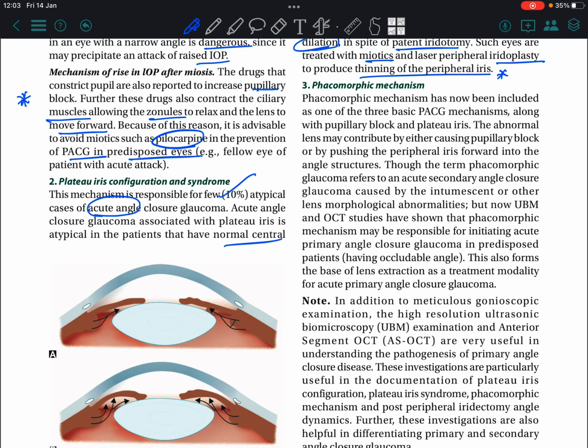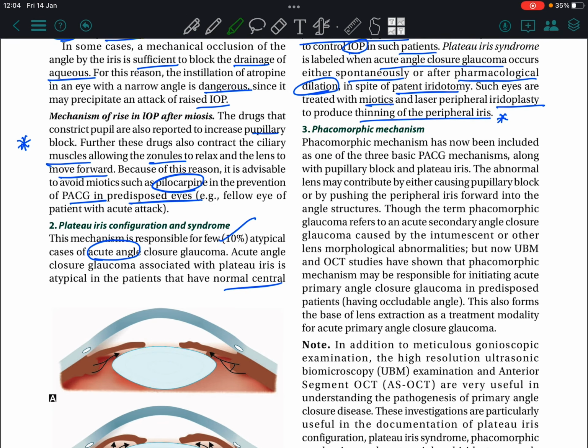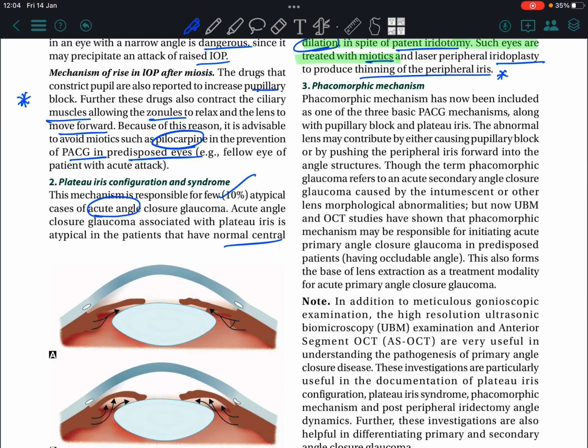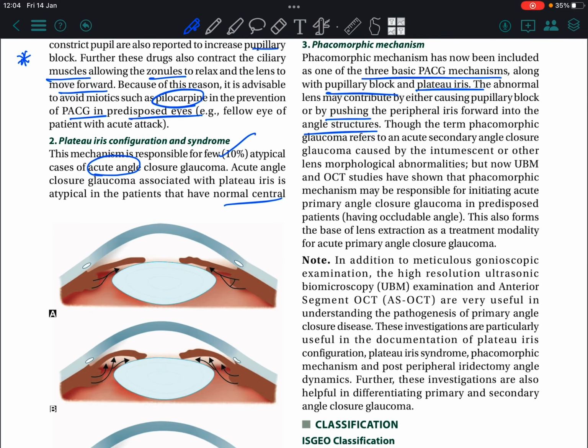Phacomorphic mechanism. Phacomorphic mechanism has now been included as one of the three basic PACG mechanisms along with pupillary block and plateau iris. The abnormal lens may contribute to either causing pupillary block or by pushing the peripheral iris forward into angle structures.